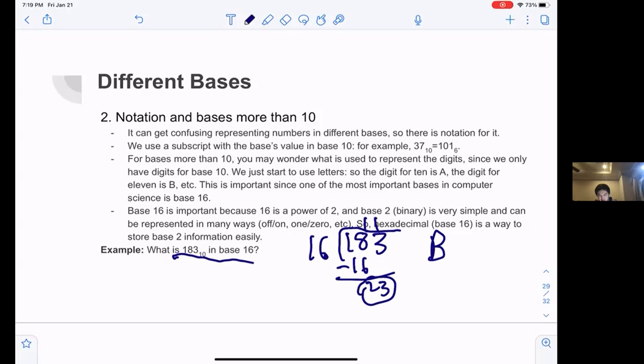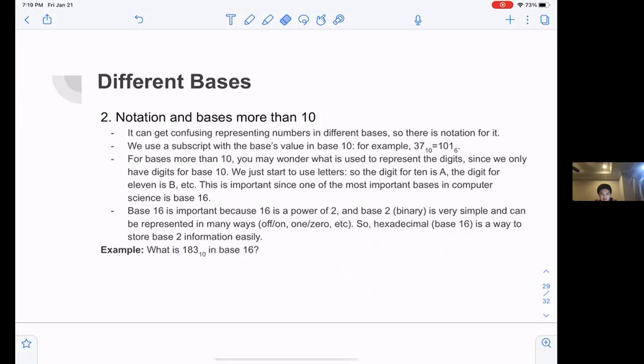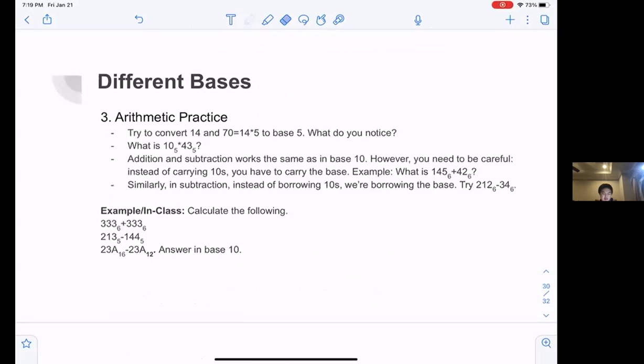Or not, 23 is not our remainder, sorry, 7. Just B7 in base 16. So not that many digits since we converted to a bigger base. And that's just a quick overview of base conversion.